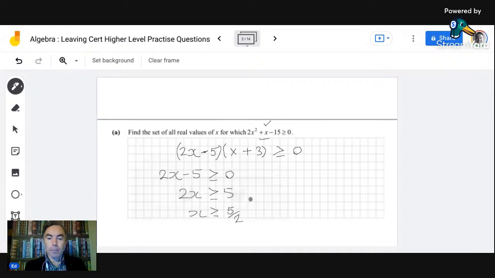Okay, so that's one option. And the other side, x plus 3 is greater or equal to 0, and therefore the root value would be greater or equal to negative 3. So these are our two results.